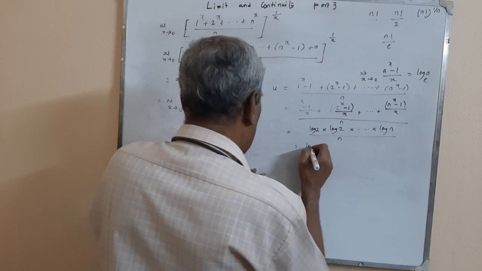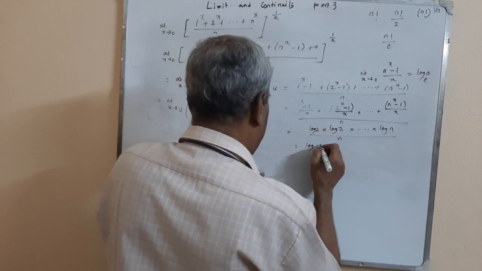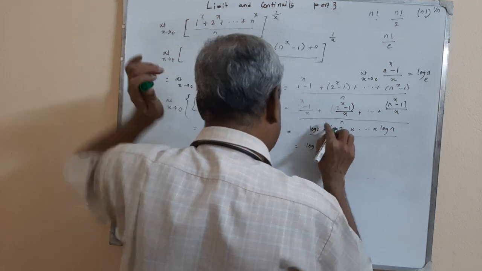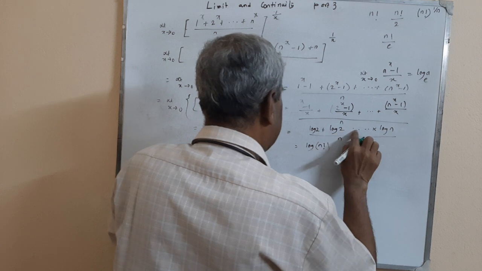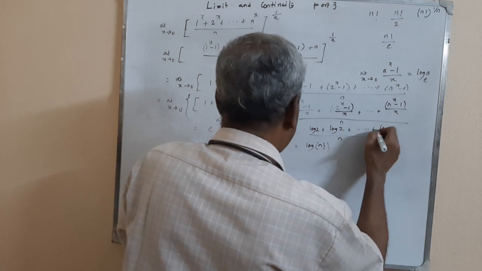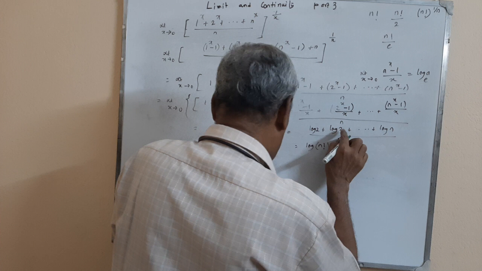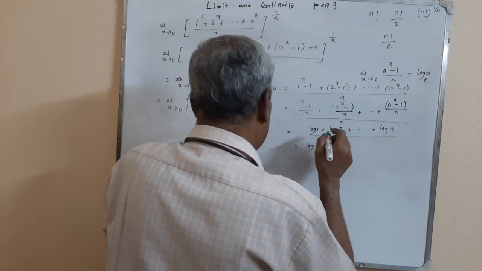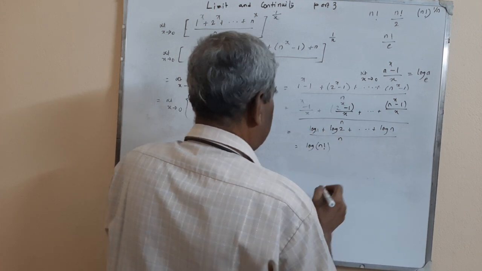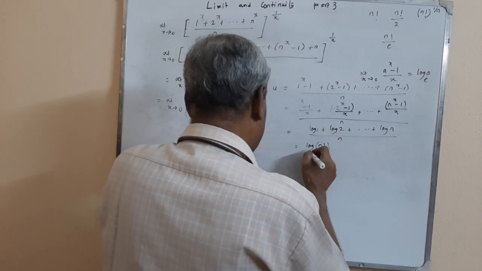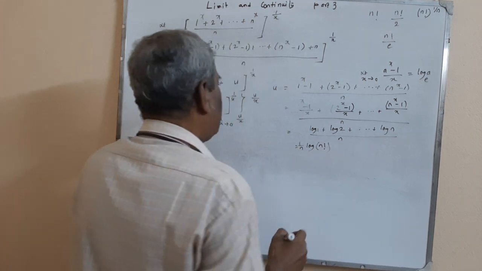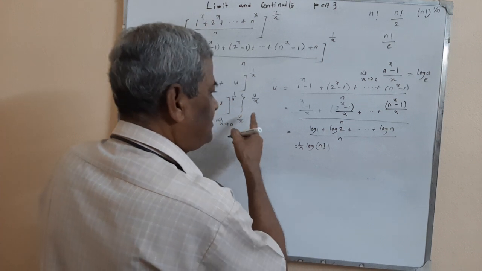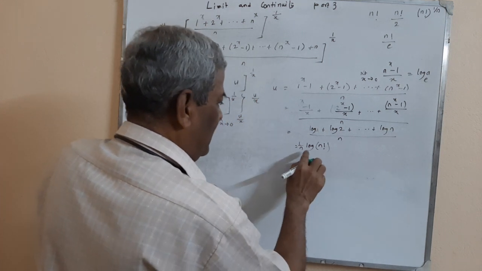So that it is equal to log of factorial n, log 2 plus log 3 plus log 4, and this is 1 by n, so that u by x is equal to this one.